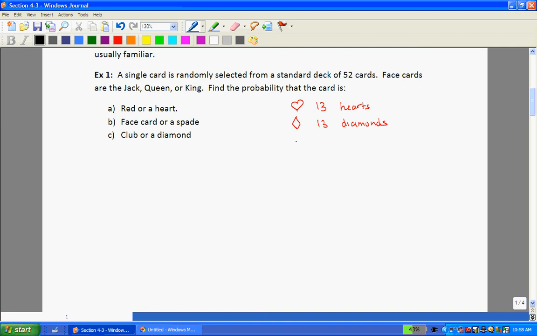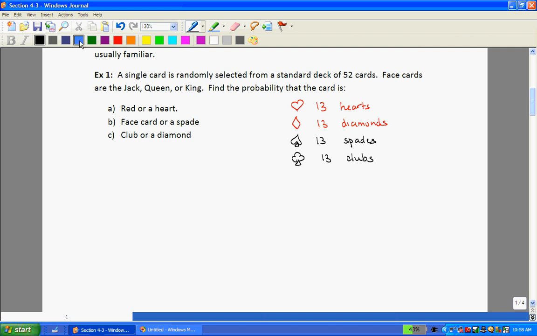And then we have 13 spades and 13 clubs. Okay, so just a reminder if you don't play with a deck of cards very often.